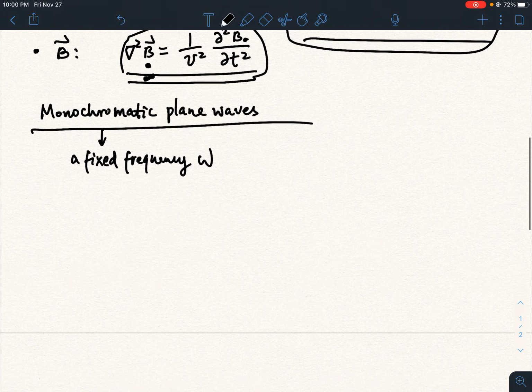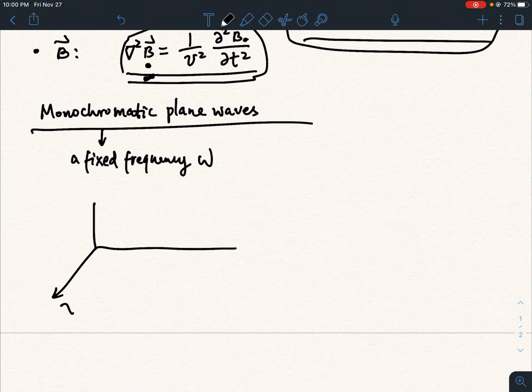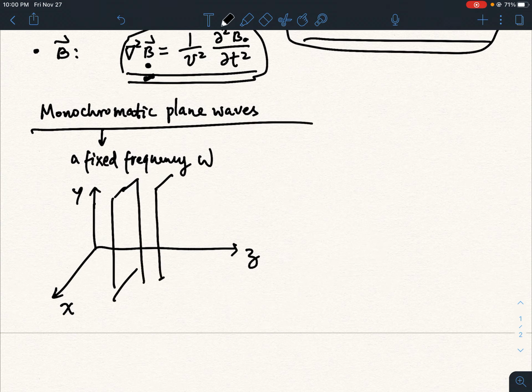The plane wave means, let us say here is x, y and z, the wave is moving along one direction. As you will see later, for this case the wave is traveling in the z direction and has no x and y dependence.